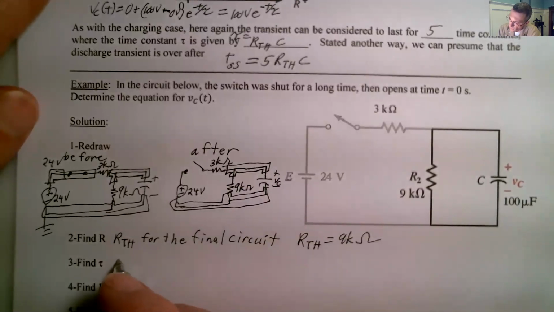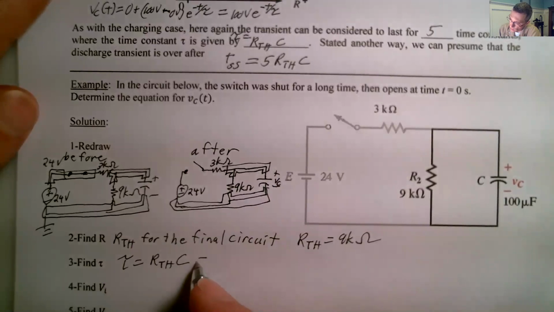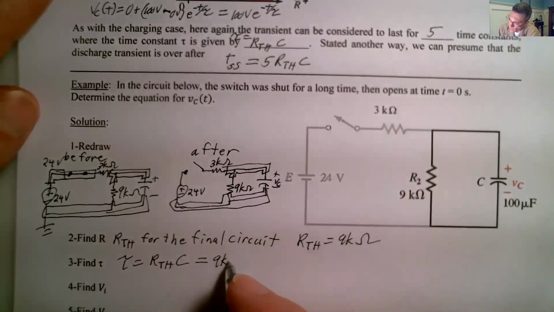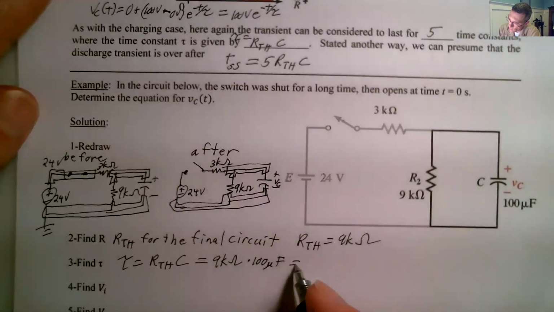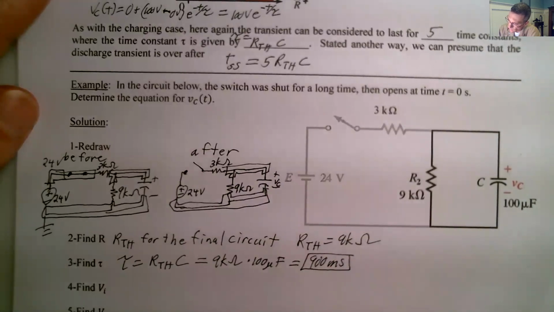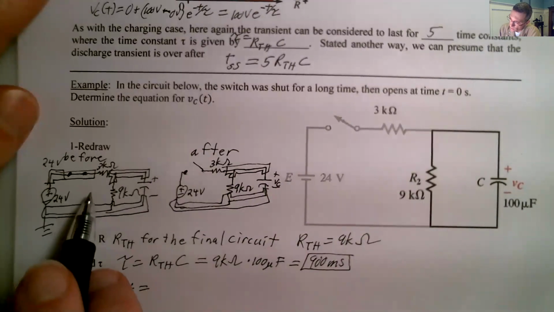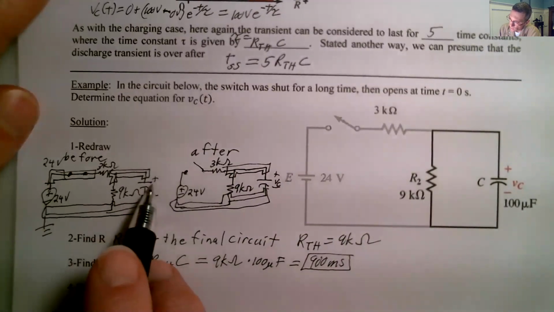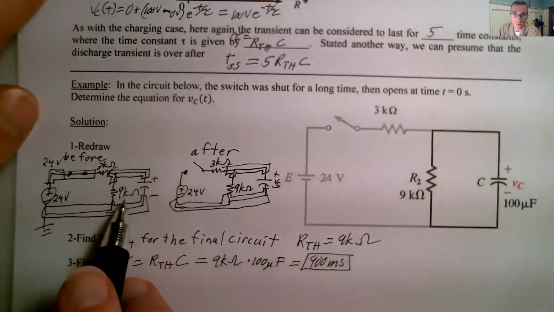Now tau is equal to R_TH C, R_TH being 9 k ohms. C is 100 microfarads. So we get 900 milliseconds. Now we look for V initial. Well, V initial is in the before drawing. That's the voltage across the 9 k ohms, right?